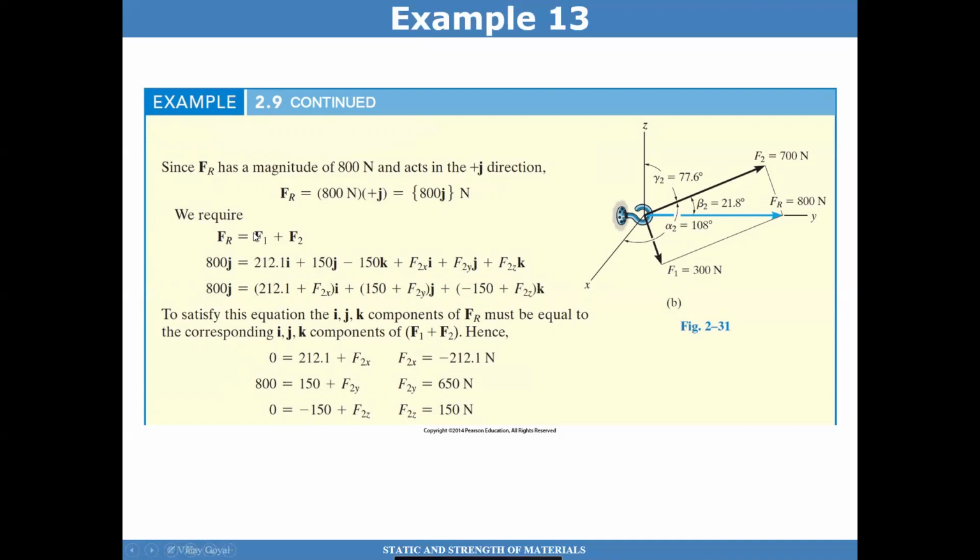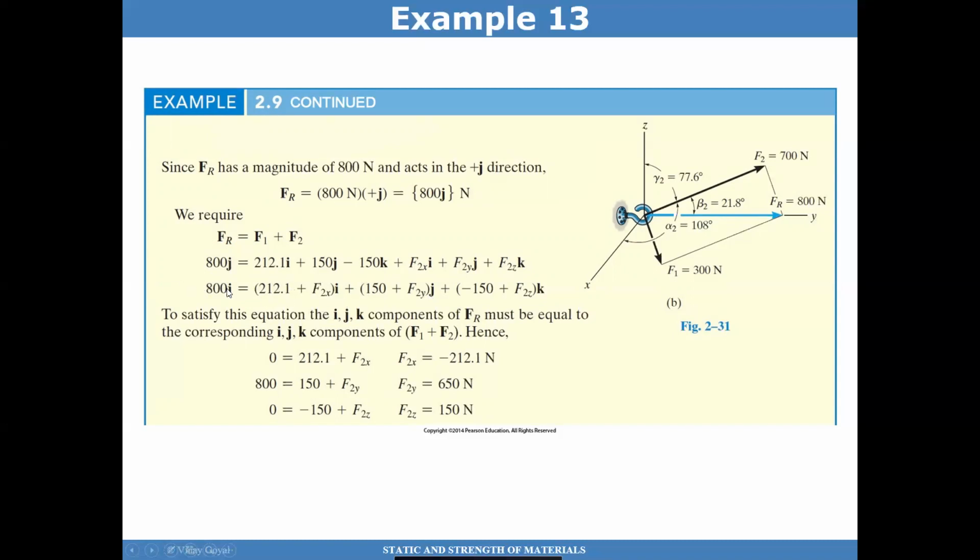So all I have to do, I know that F1 plus F2 is Fr, because Fr is a resultant of F1 and F2. So all I have to do is add F1 and F2. I don't know the components of F2, but that's fine. I just add them up. I know 800 J hat, so I know that 800 must be equal to this here. Fr has no I hat, so this is equal to 0 right there.